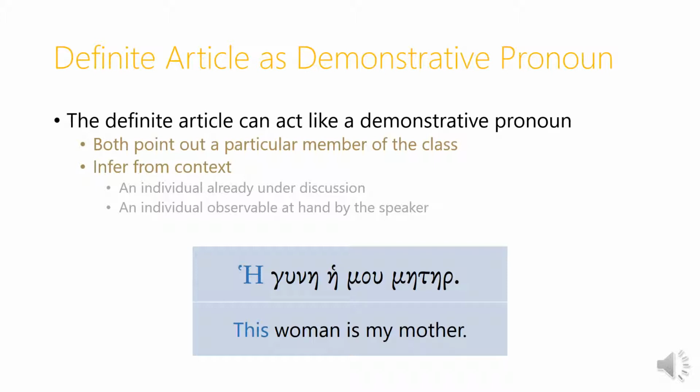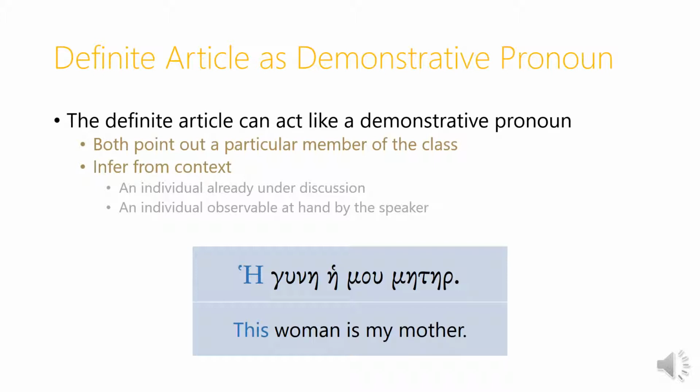So if there's an individual member of the class, an individual representative of the noun that's already been under discussion, and it's referred to again using the definite article, sometimes in English we would express that using the demonstrative pronoun, this.